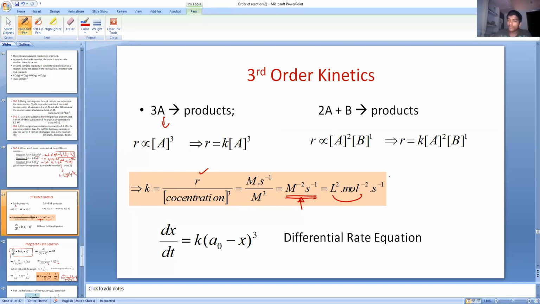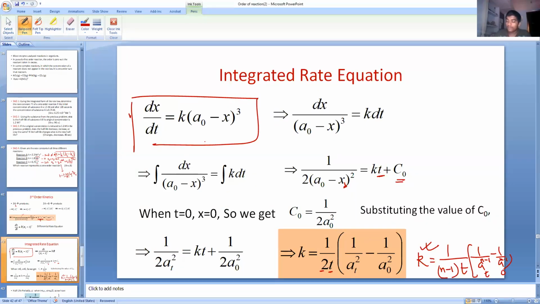And second inverse. And if this is the differential law, rate is nothing but dx by dt is equal to K, the rate constant, times this, the reactant concentration at time t. A0 is the initial concentration, x is the product concentration. If we bring this to the denominator and try to integrate, this will give you 1 by (a0 minus x) to the power -3.